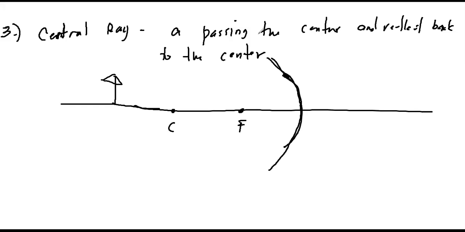Let's take an example right over here, the orange one. Then it will reflect back to the center. Then extend inside. There you are. So a ray passing the center and reflecting back to the center. That's the central ray.